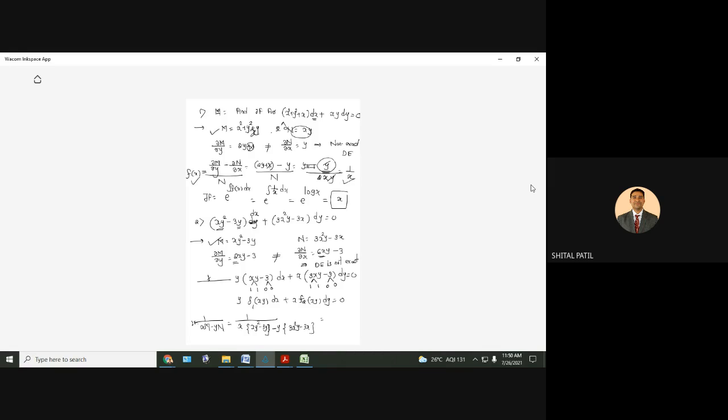Do the simplification. The first term is x square y square minus 3xy, then plus 3x square y square minus 3xy. So the second and fourth terms will get cancelled, whereas the first and third terms will get added, and that will give 1 upon minus 2 x square y square.